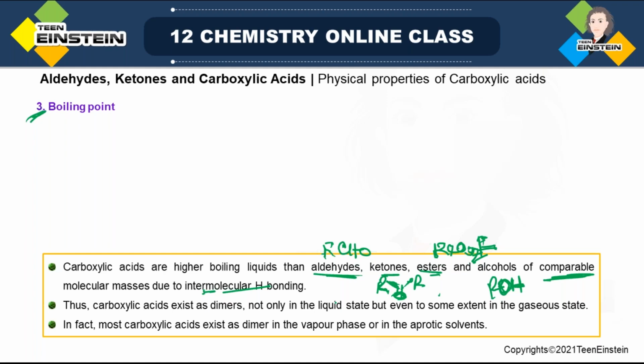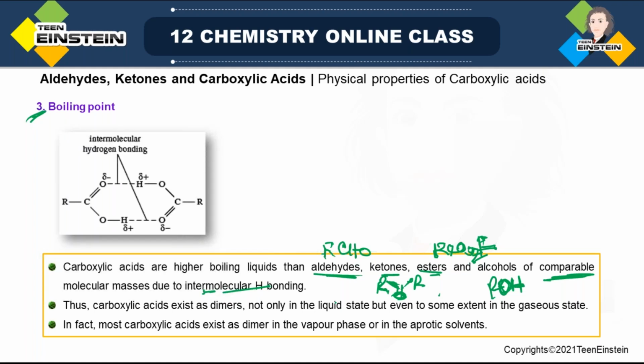And boiling point means conversion from liquid state to vapor state. When boiling point is high, this conversion is very difficult. When boiling point is low, you can do it very easily. When it is difficult, there must be some strong interaction, and this interaction is basically intermolecular hydrogen bonding. Because of this, they remain in the form of a dimer.